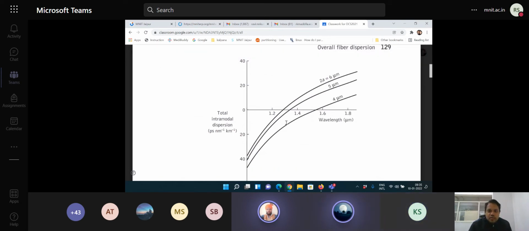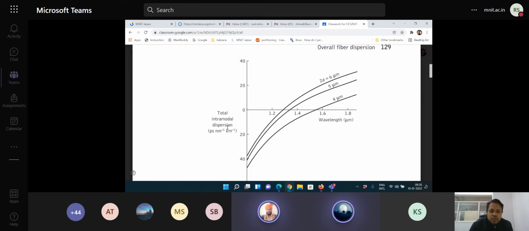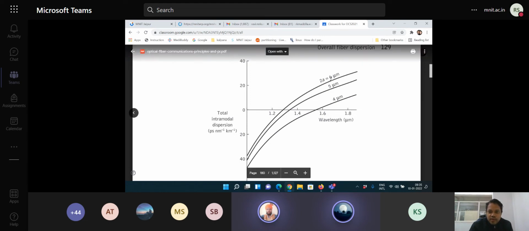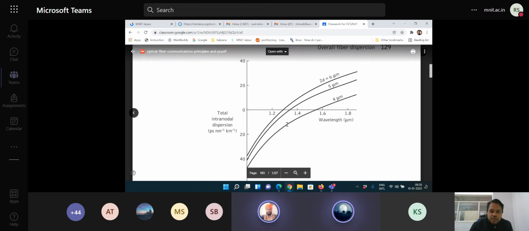So if you look at this line, you can see the y-axis is the dispersion. For different diameters of the optical fiber, you have different dispersion curves.